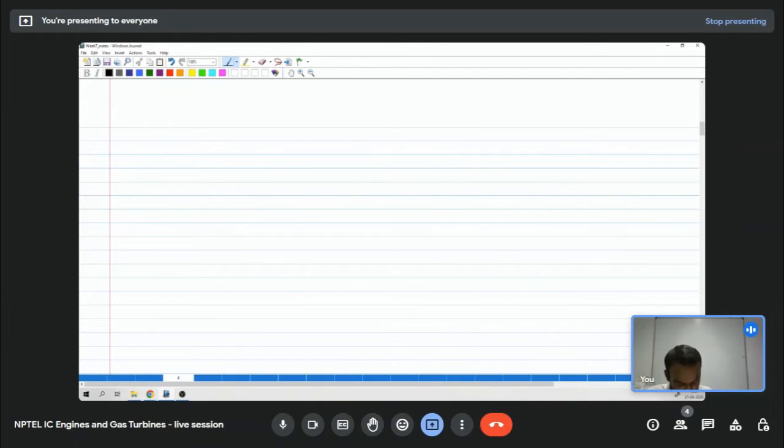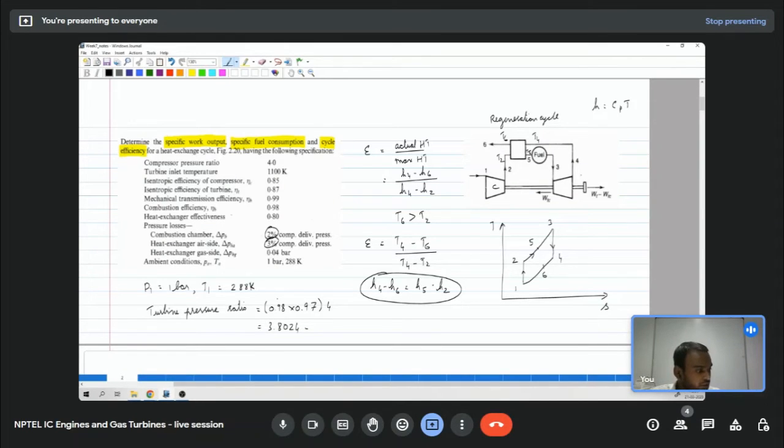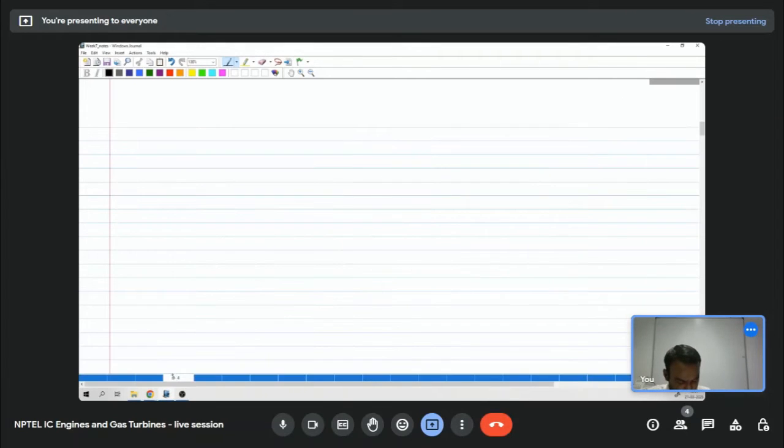Turbine work is H4 minus H3 and compressor work is H2 minus H1. This is Cp into T4 minus T3, and Cp into T2 minus T1.